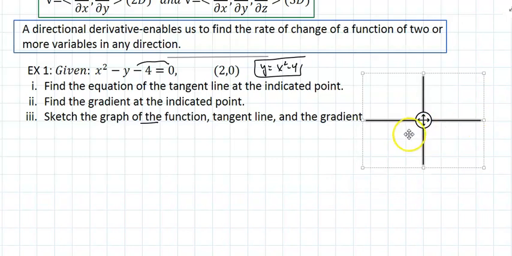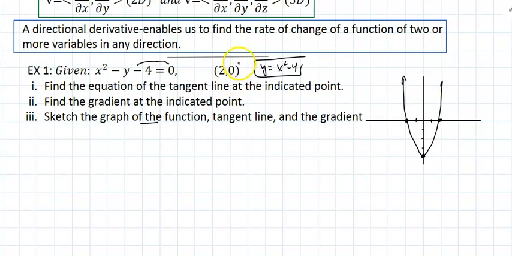It crosses at 2, 0 and negative 2, 0. It's a parabola that looks like this. The point in question is really 2, 0. When x equals 2, obviously y equals 0. They're talking about this point.